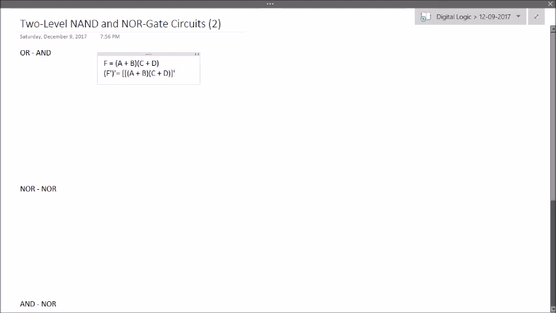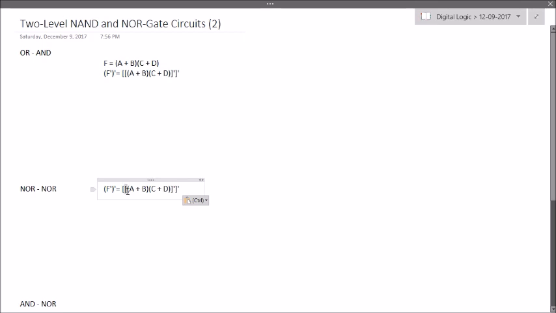It might look a little bit complicated, but stick with me. So basically, just apply two parentheses outside and two primes, right? And then you apply De Morgan law on the inside. Okay? So let's go one step at a time. We're trying to turn it into a NOR circuit.